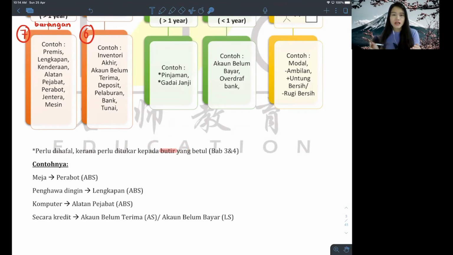Can you imagine having so many different equipments in your shop? Every single one of them you will have to write as per their own name. By the time you are an accountant, you will have to record into a book and prepare a ledger or even an account for each and every one of them. Imagine you have 1,000 items and you don't bother slotting them into categories like this.